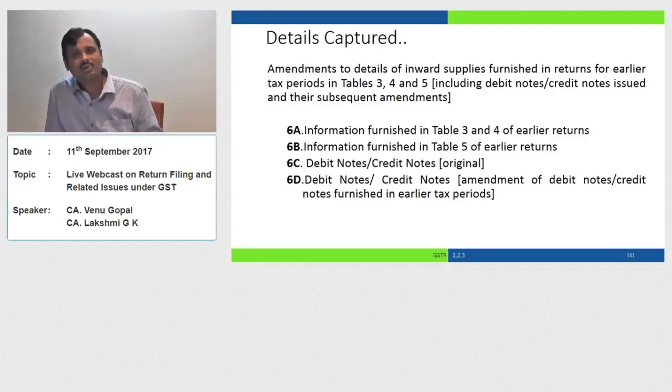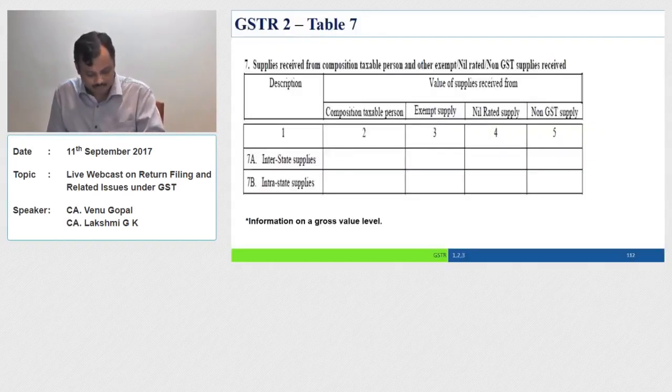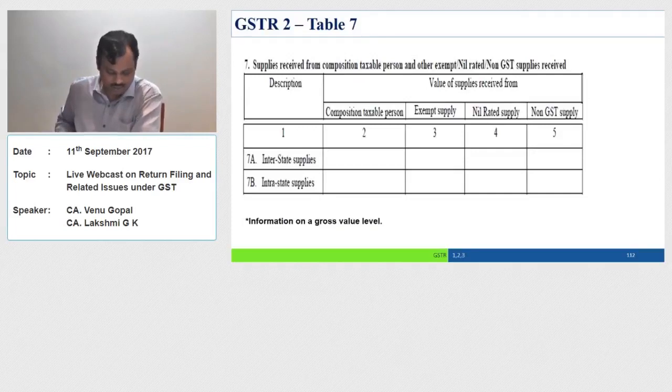Now mind you, this is only an amendment, meaning you have filed something wrong, you are correcting what has been filed wrongly. Moving on to slide 112, table 7. So table 7 records all other purchases.